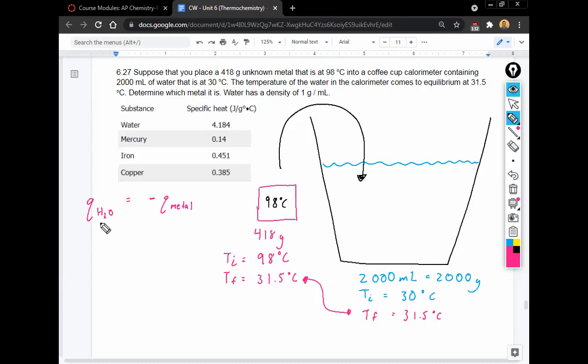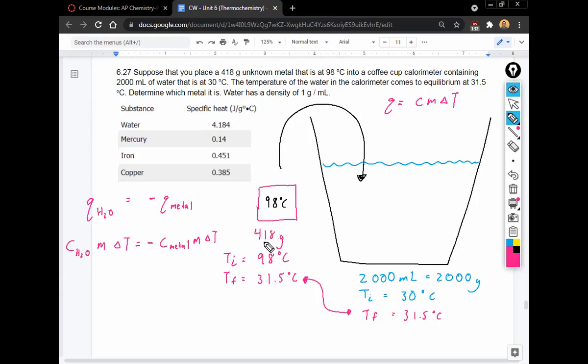And so we can expand this equation a little bit. We can write the specific heat of water times the mass and the change in temperature of the water, because that's just what Q is. We know that Q is equal to C m delta T. So for water, the specific heat of water, the mass of water, and the temperature change of water is equal to the opposite of the C of the metal, the mass of the metal, and the delta T of the metal.